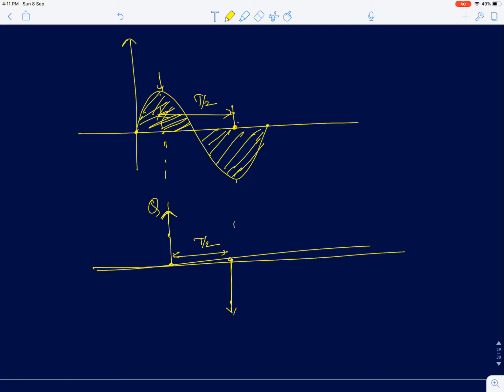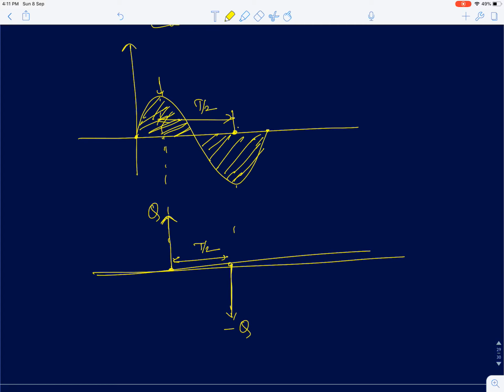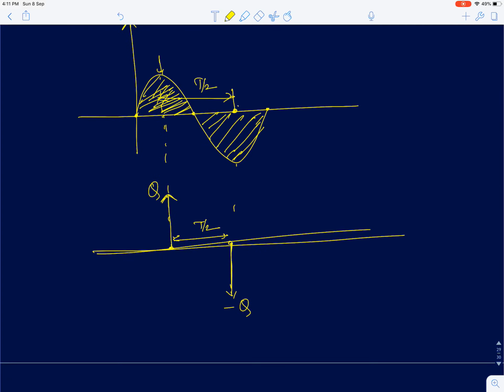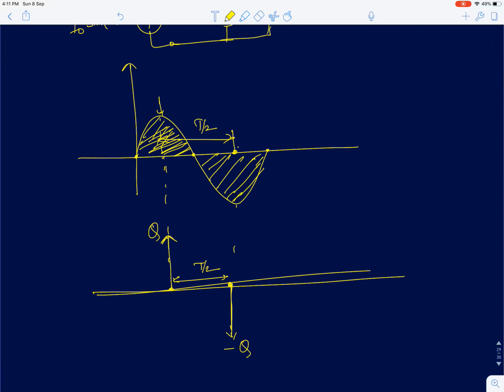I'm going to assume q is the charge here and minus q is the charge here, where q is nothing but the area under this integral. So I'm assuming q is the charge that's being transferred to this circuit.